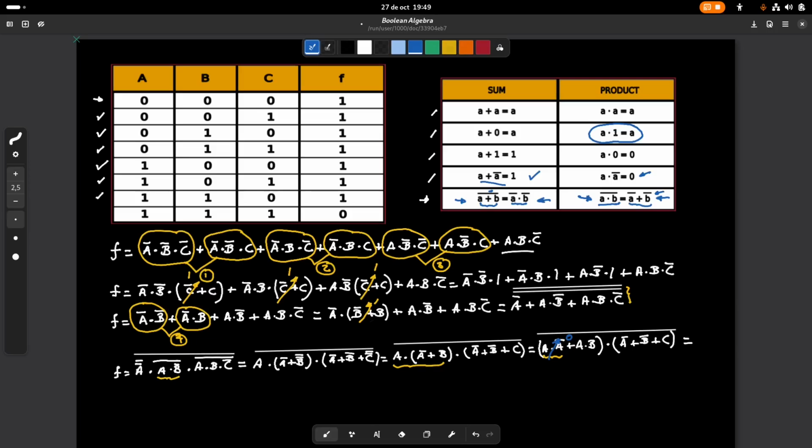Okay, and from here I get that F equals A and B multiplied or ANDed with A negated or B negated or C, with the upper negation again.